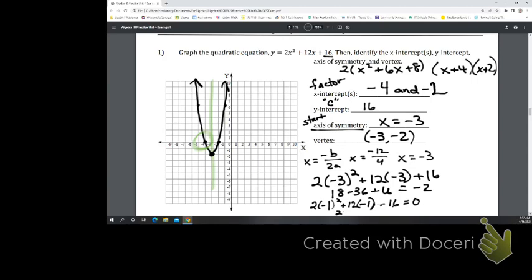You don't have to do both, but they do confirm that those are the right answers. So given that that one has a lot of parts, you might opt to do the other one that you graph and just find the axis of symmetry, 2 more points, not have to answer so many questions.